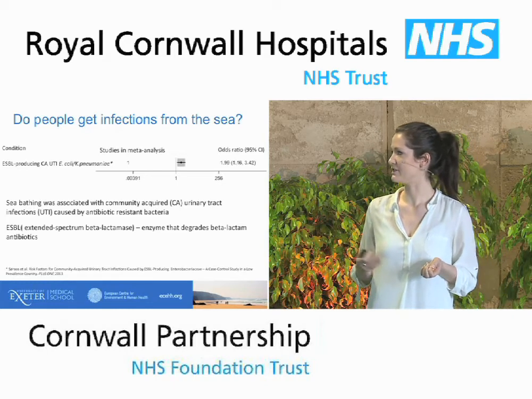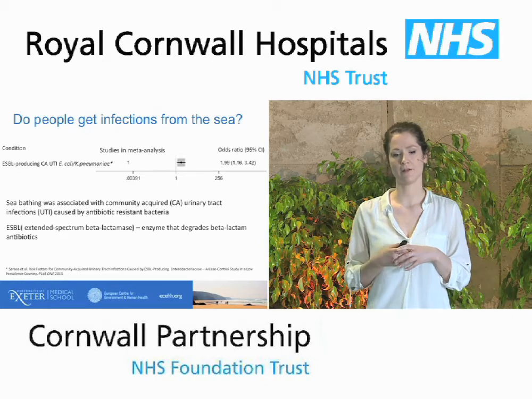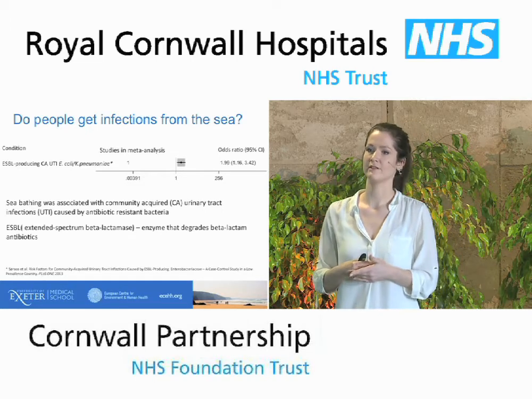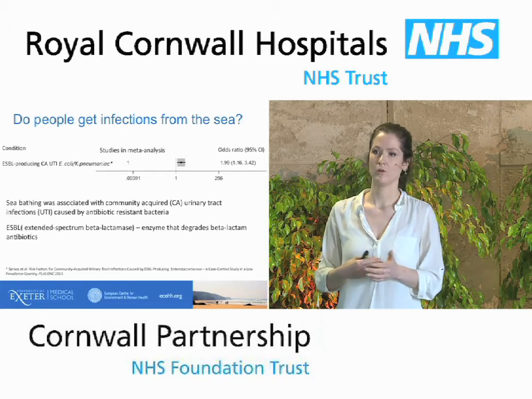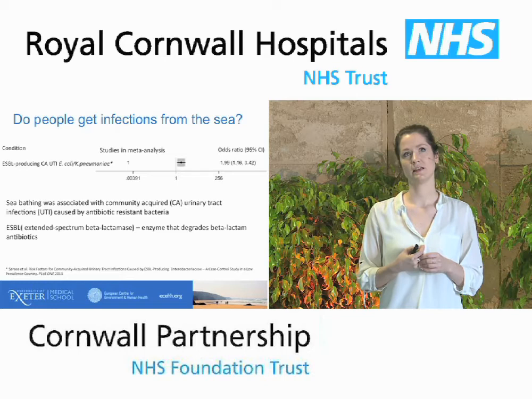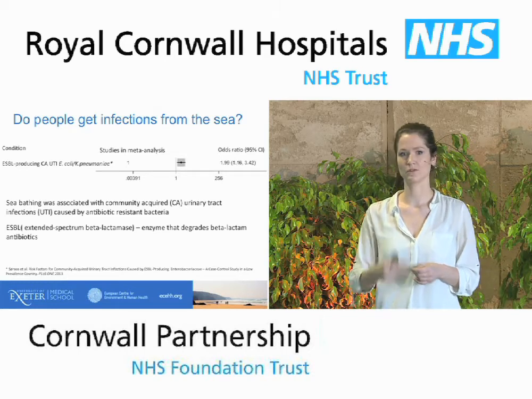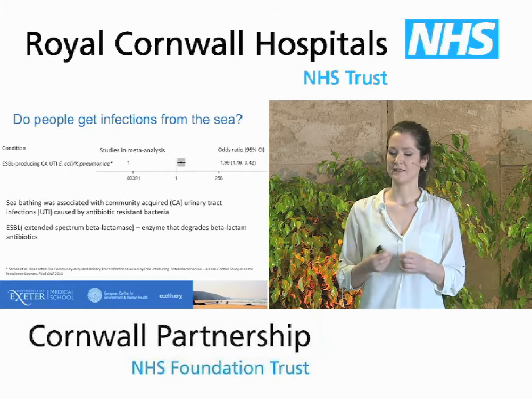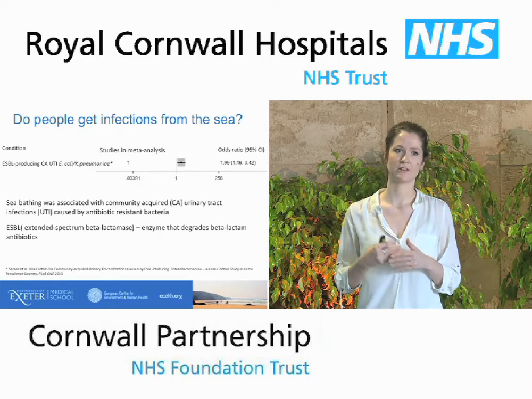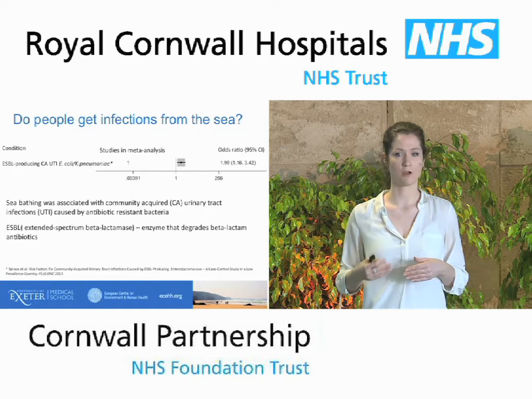So ESBL producing, these are antibiotic-resistant infections. Basically, they're community-acquired urinary tract infections caused by E. coli or Klebsiella pneumoniae. This study was conducted in, I think it was Norway. Yes, it was Norway. They did a case control study of people who had community-acquired urinary tract infections caused by E. coli or Klebsiella pneumoniae.